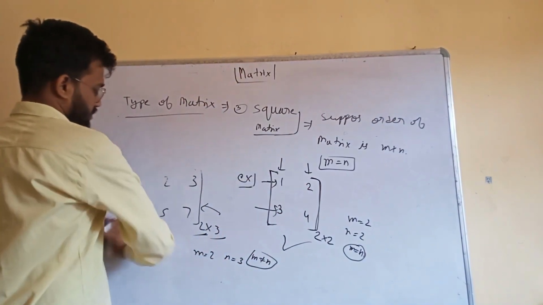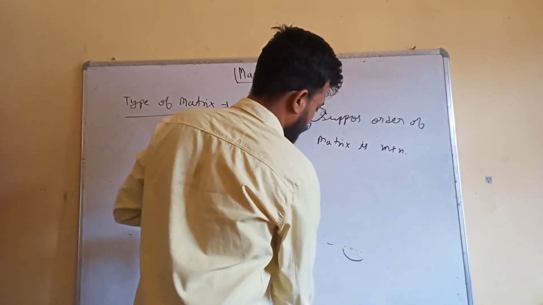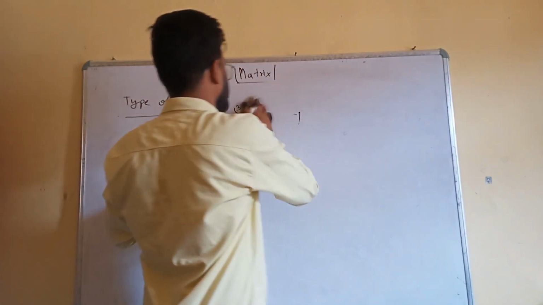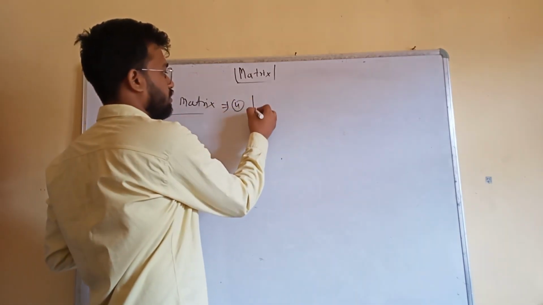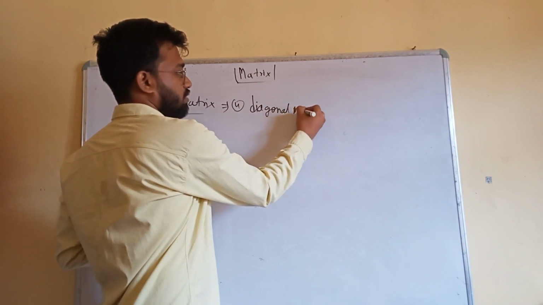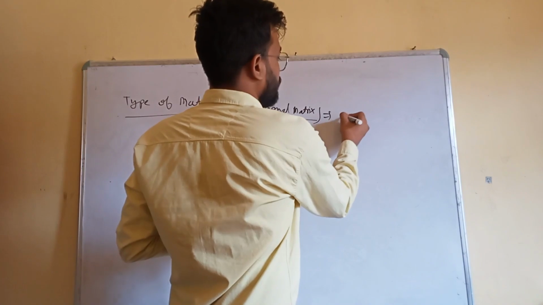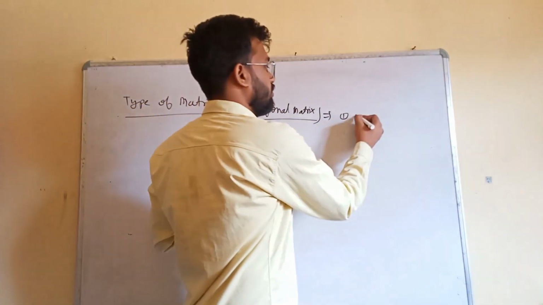Now let's further see what a diagonal matrix is. Now we have the definition of a square matrix. Now let's talk about the diagonal matrix. What is a diagonal matrix? There will be two conditions. First, every diagonal matrix is a square matrix. So first it will be a square matrix.